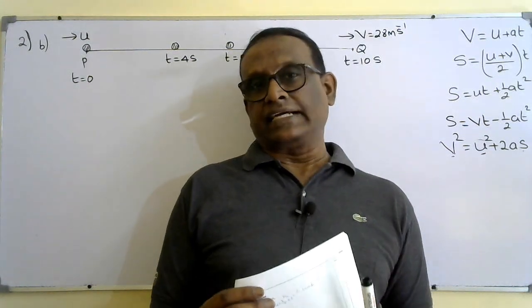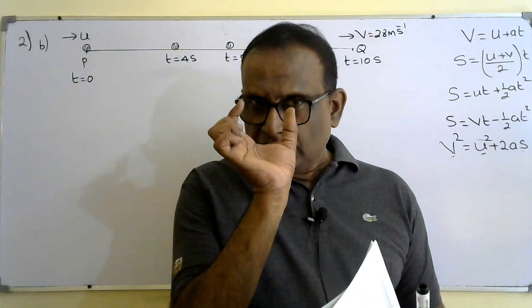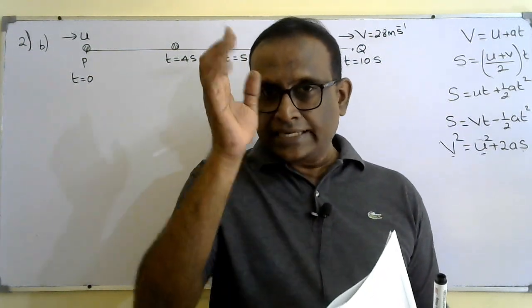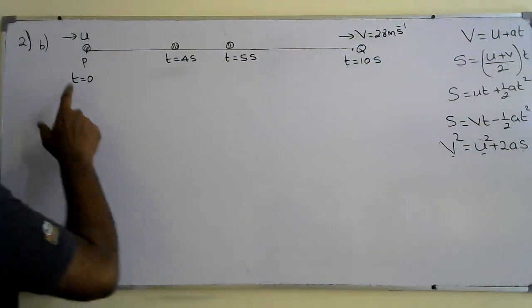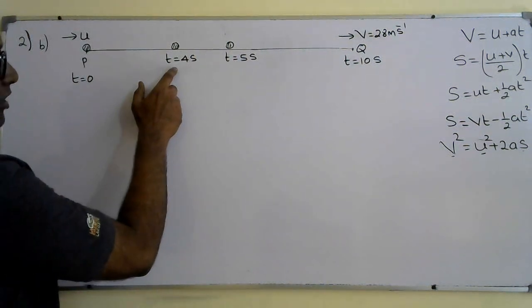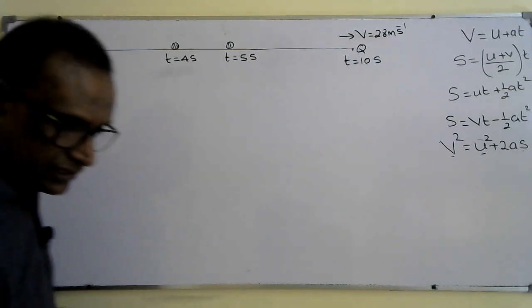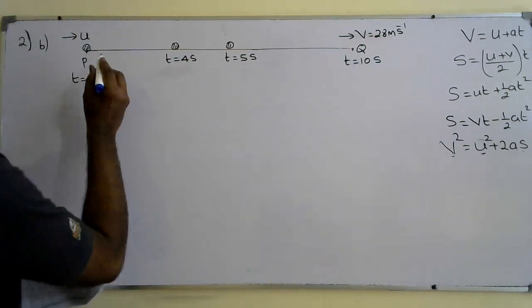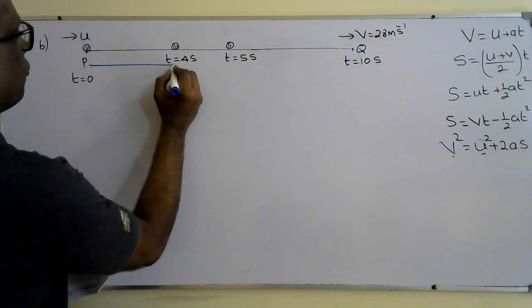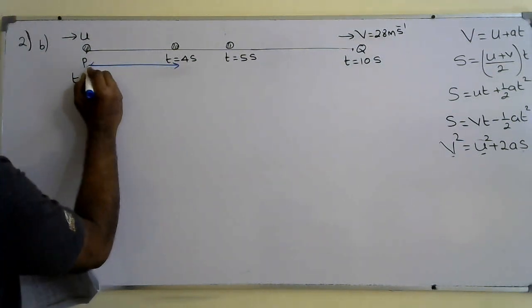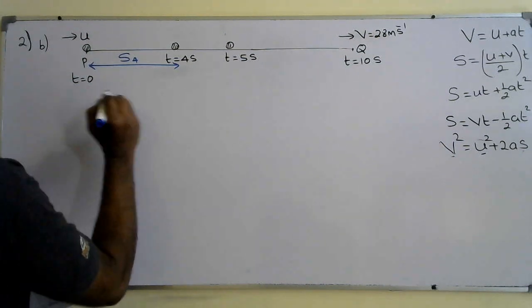So during the 5th second means the time interval, just only 1 second, that is from 4 seconds to 5 seconds. This is the initial point when t equals 0, and at t equal 4 seconds it has traveled this distance. I can say the distance traveled from here to here, initial point P to 4 seconds, is S4.